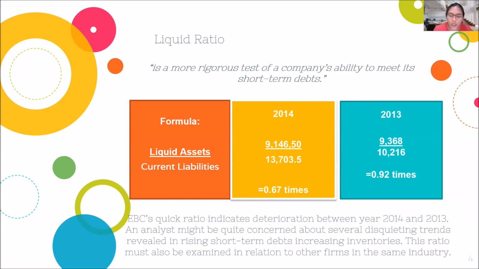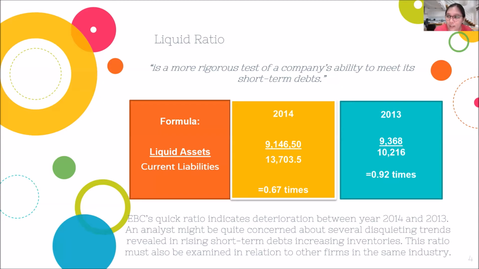This ratio must also be examined in relation to other firms in the same industry. Kasi possible naman, it really depends. When we are trying to analyze our financial statements, it really depends on what kind of industry we are in.